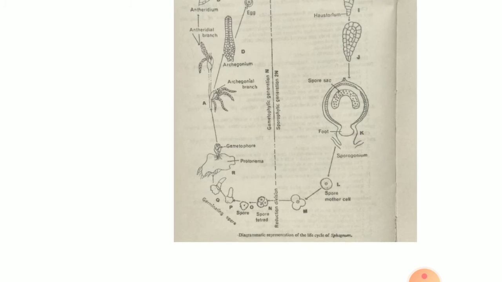First, we begin with the gametophytic generation, which is the N generation. I have told you the spores get separated from the spore tetrads, and the protonema is formed, and the main gametophore develops.